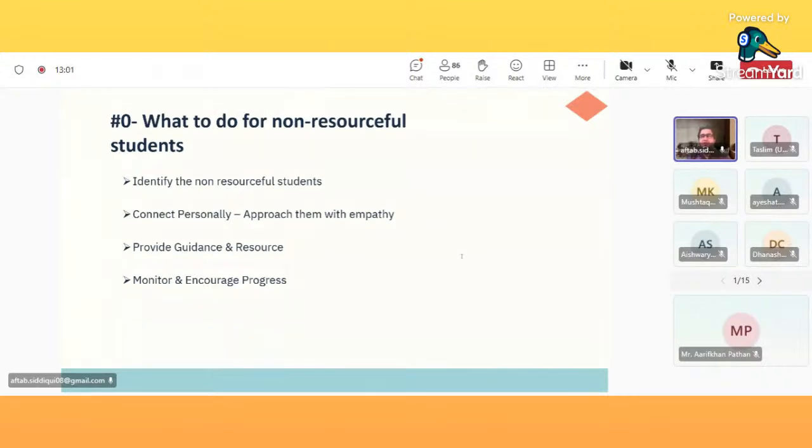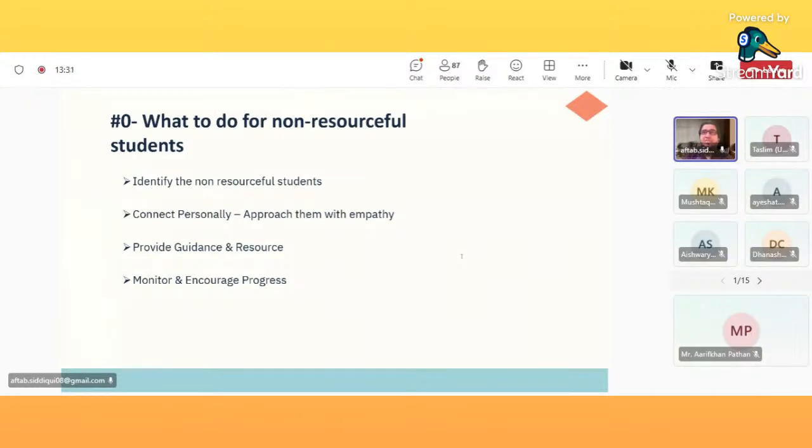Don't just assume that these students are simply unmotivated or weak. Instead, teachers should recognize that these students are emotionally struggling, and this struggle may be blocking their progress. So your first step is to identify those students and don't label them as a weak student or as a simply unmotivated student.